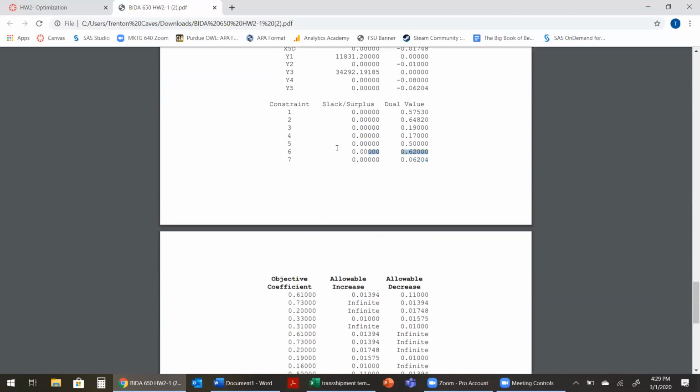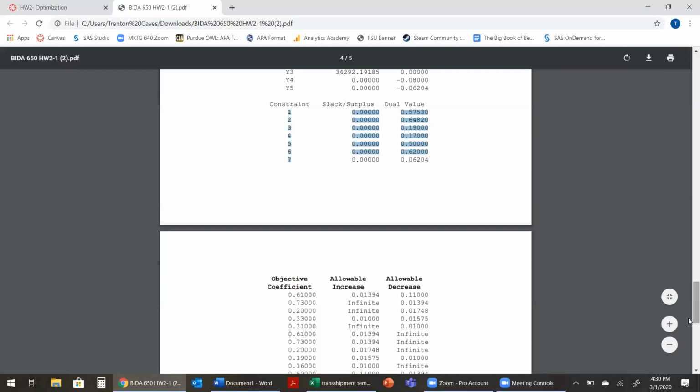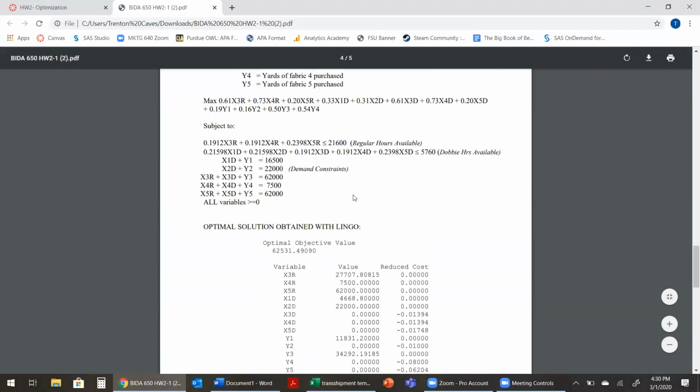Constraint 6, which corresponds to fabric 4. Because remember, these constraint numbers 1 through 7 correspond to how the constraints are laid out in your objective function. So constraint 6 corresponds with fabric 4.